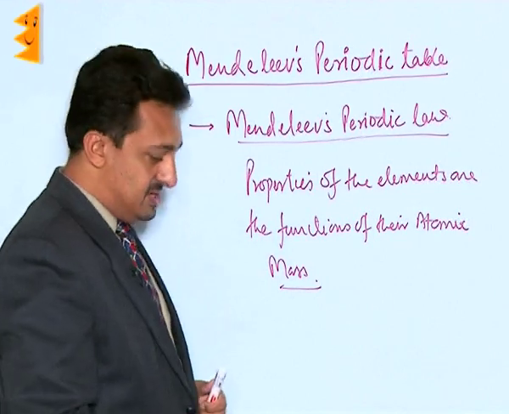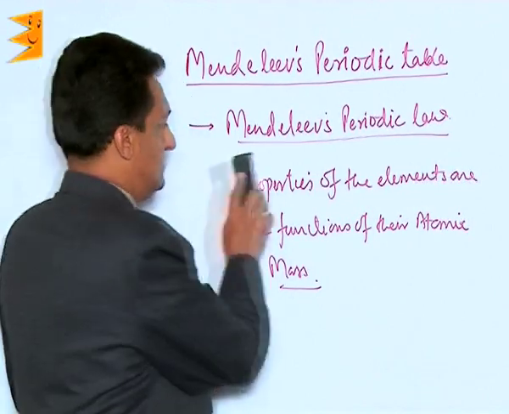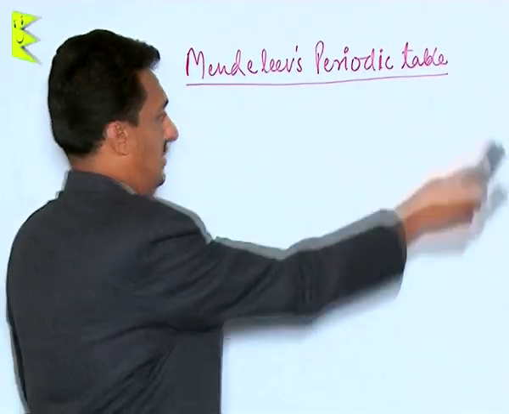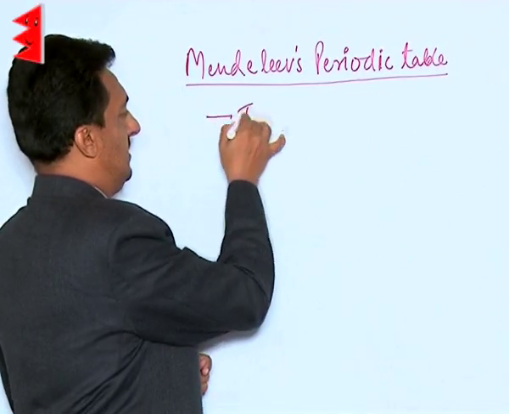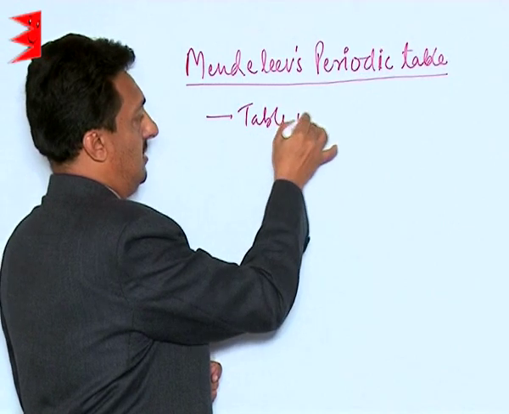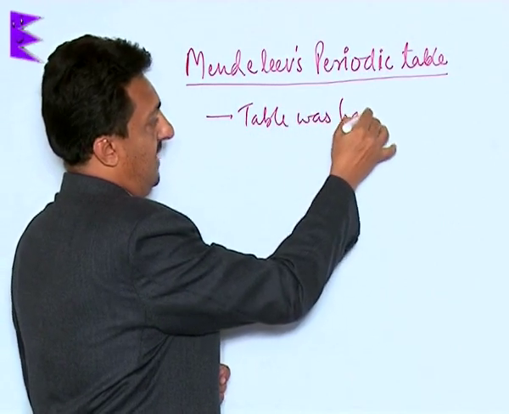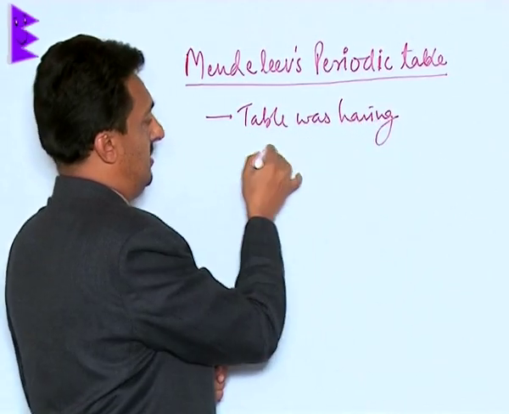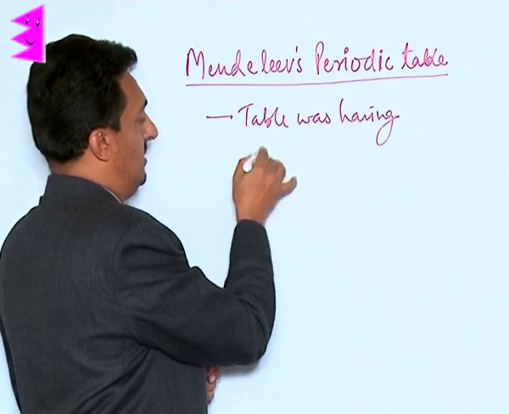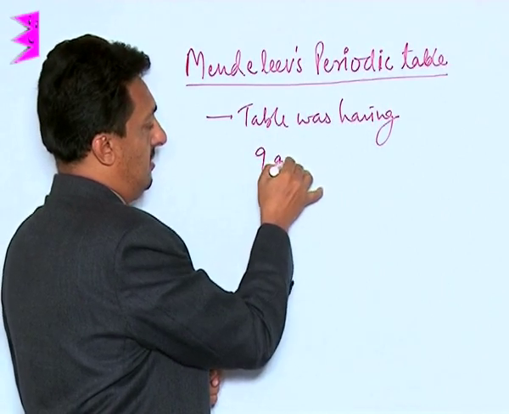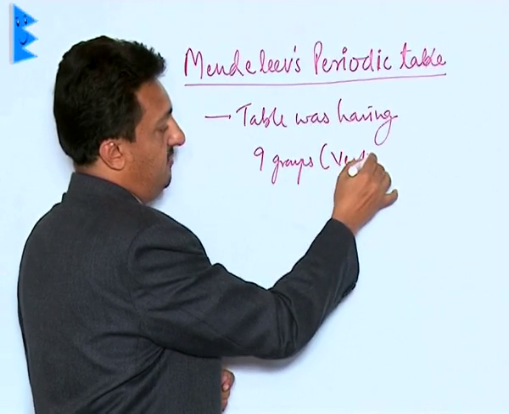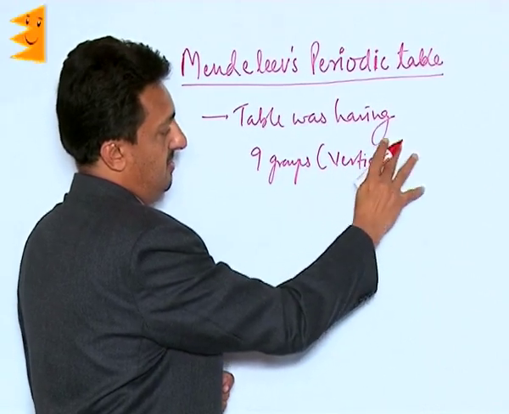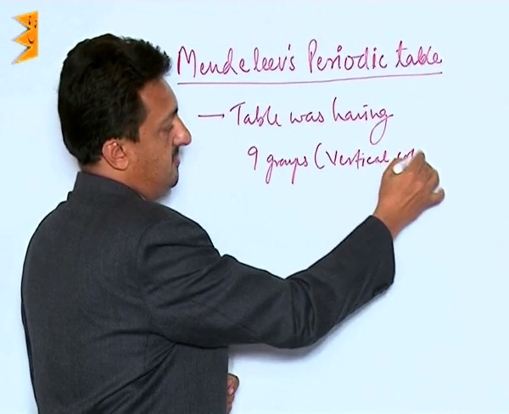Now the Mendeleev periodic table was having 9 groups. In fact, groups were the vertical columns.